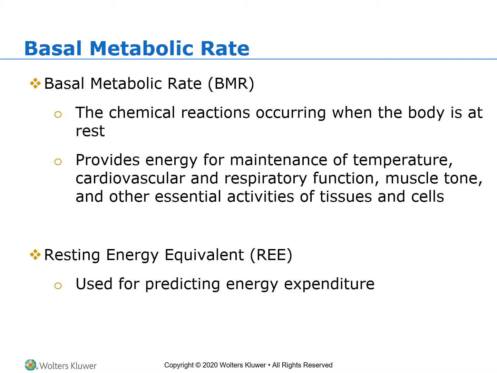So if we talk about basal metabolic rate only, that is the minimum amount of energy expended that is compatible with life. That is what we need to perform our essential activities, maintaining normal body temperature, cardiovascular, respiratory function, liver function, neurological function, kidney function.